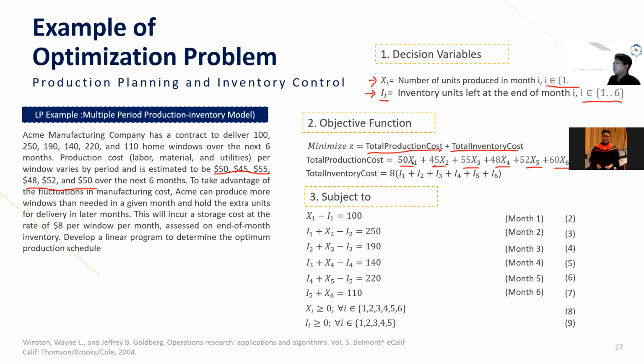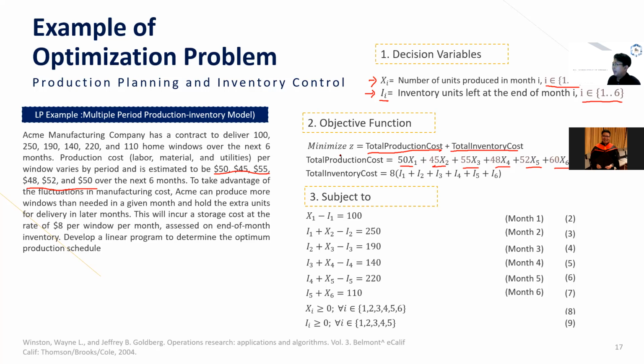For the first month, it will be multiplied by 50 because the production cost for that month is 50. The same is applied for the next variables. For example, x2, the number of units produced in the second month, will be multiplied by 45, and so on until the sixth month.